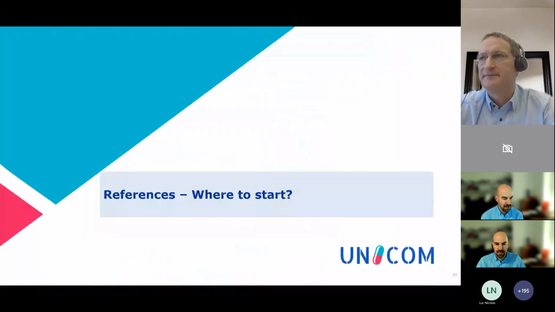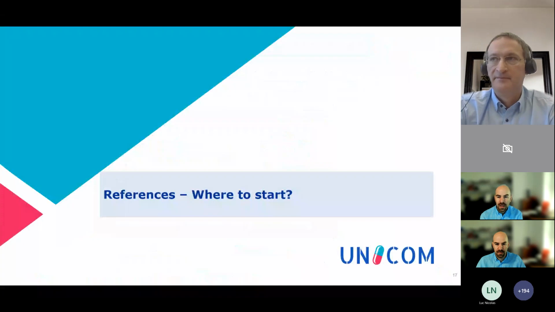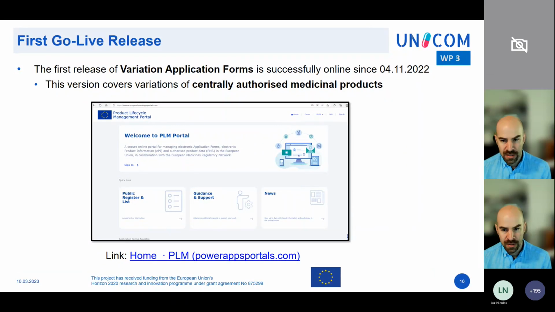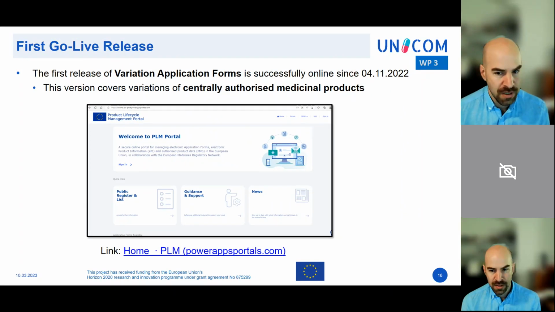Speaking of that, we are all waiting for the next version of PMS going live. When that happens, they are migrating all the XEVMPD products into their system, meaning instead of these 4,000 centrally authorized products, we will have 400,000, more or less, available.